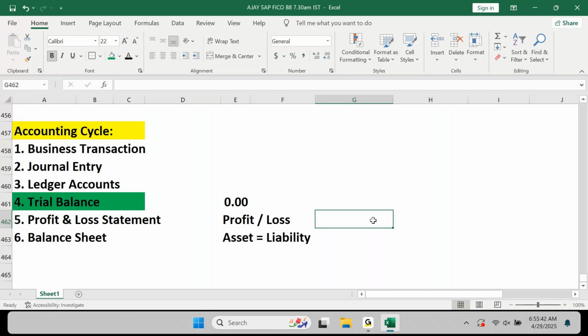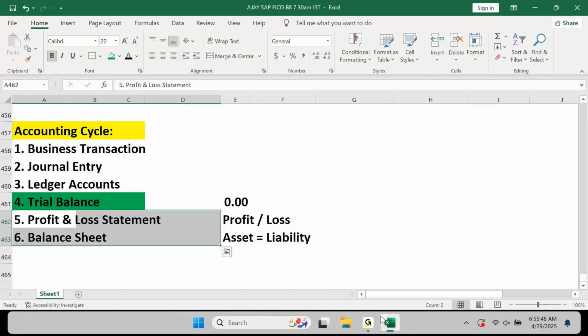In short, these two, my P&L and my balance sheet, are my financial reports. These are financial reports which we need to prepare and submit to the management on a monthly basis.